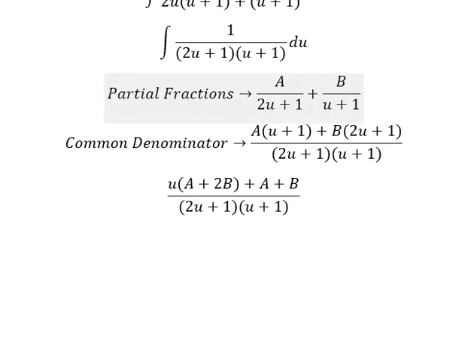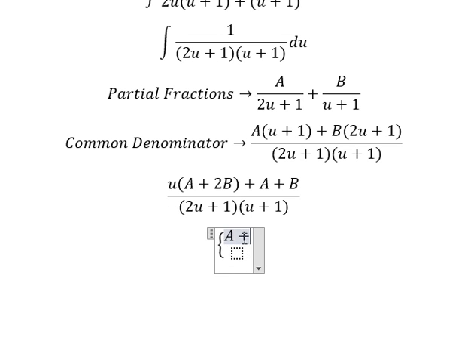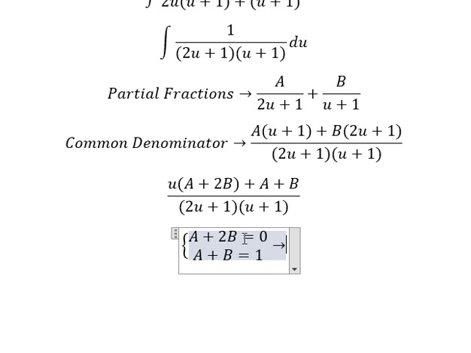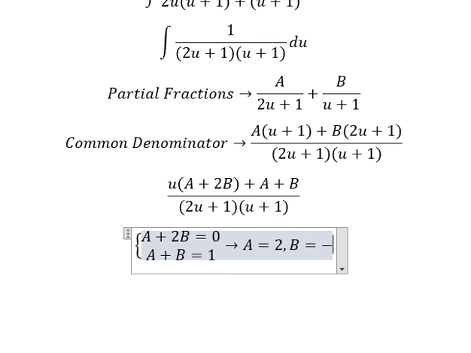And now we create the system of equations. And now we need to find the solutions of A and B. So A equals 2, B equals negative 1.